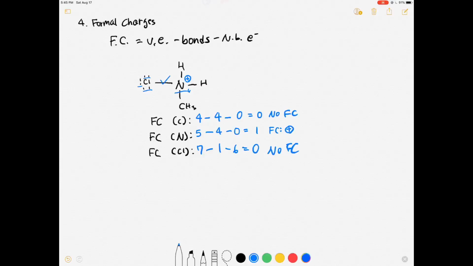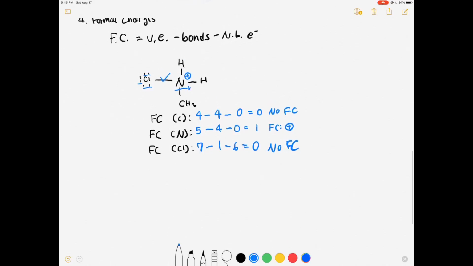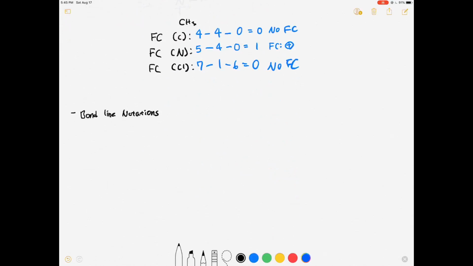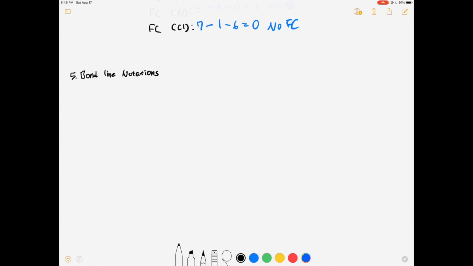No formal charges. Right? Cool. Let's try some of our bond line notation drawing. Remember bond line notations? Right? Bond line notations. So, okay, I'll give you an example.